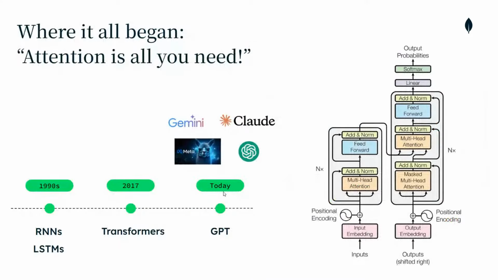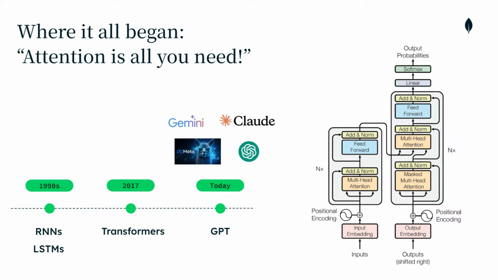So where did this all begin? In the 1990s, we had something called RNNs and LSTMs, that is recurrent neural networks and long short-term memory, which is a subset of the first one.